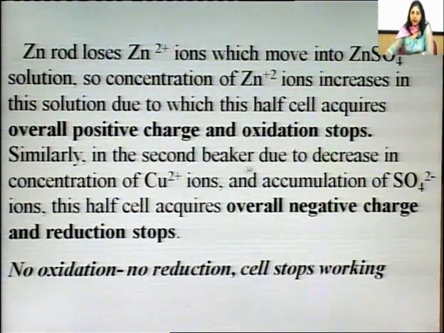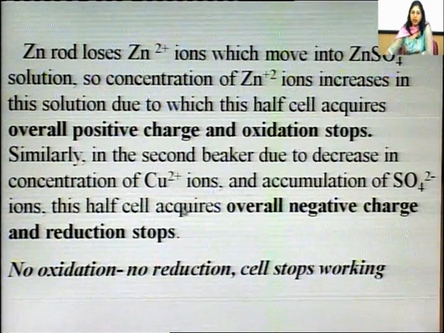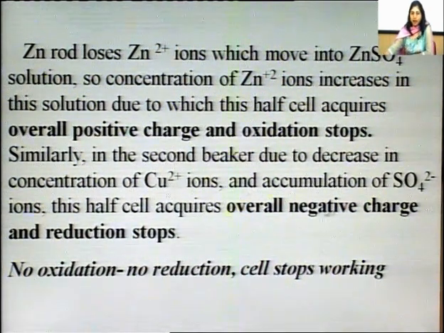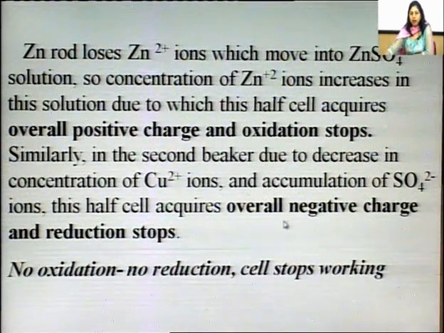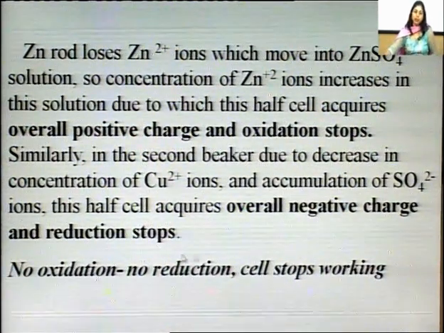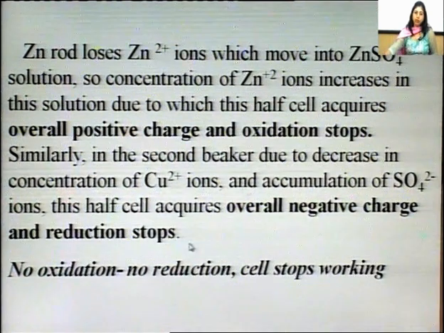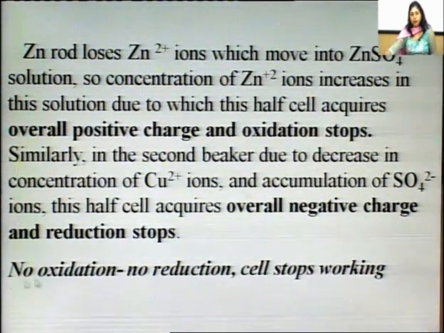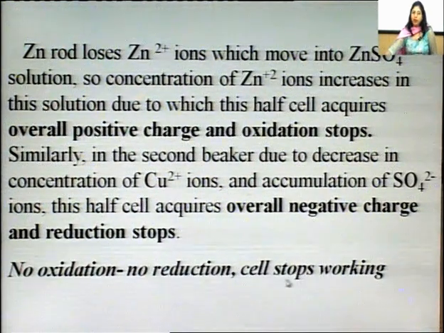So, in the second beaker, due to the decrease in the concentration of copper ions and accumulation of sulfate ions, this half cell acquires an overall negative charge and reduction stops. That means no oxidation, no reduction.